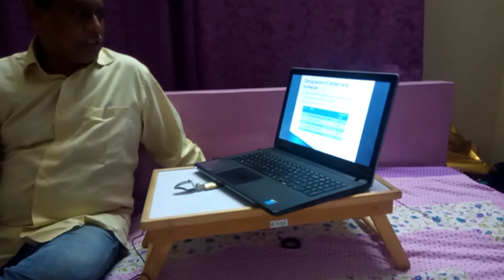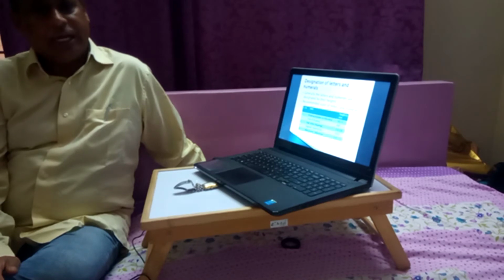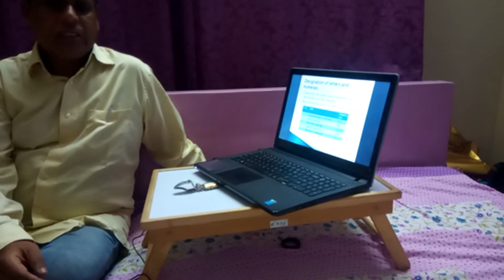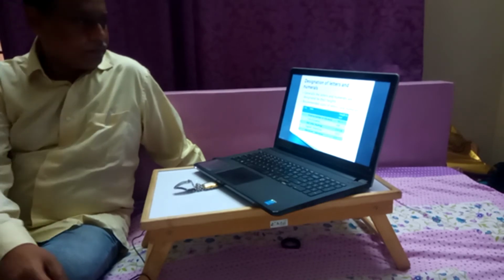Designation of letters and numerals: generally they are designated by their heights. Their height tells us what type of letter it is. No other characters are given; by seeing its height we will know what type of letter it is. The criterion for designation is only the height, nothing else.